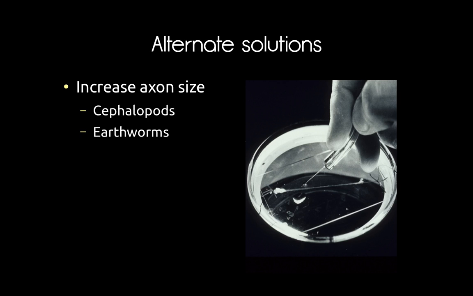If you look over here to your right, that's an actual photograph of a squid, specifically Loligo, axon. That's a really large cell, and they use these really large cells to conduct these action potentials down these axons at a very high rate of speed. It does not get to the same speed that we get with our myelinated axons, but it does a lot better than a standard invertebrate axon.